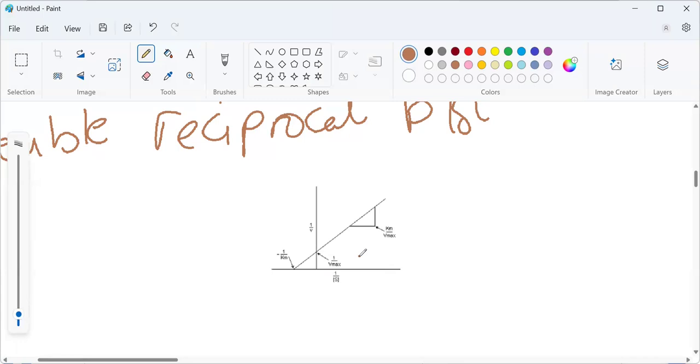So one should take the reciprocals of equation 1, and then a straight line graphic representation is obtained.